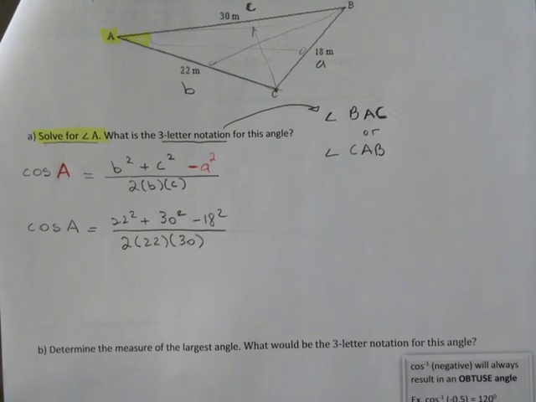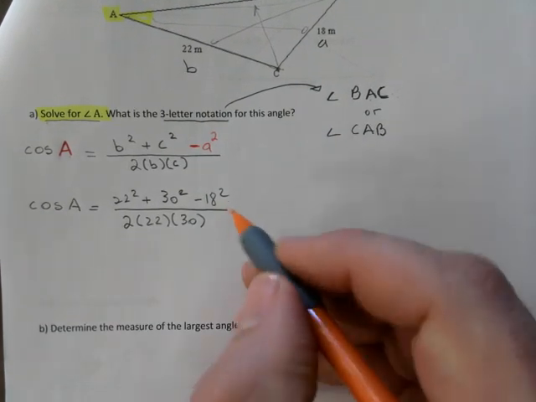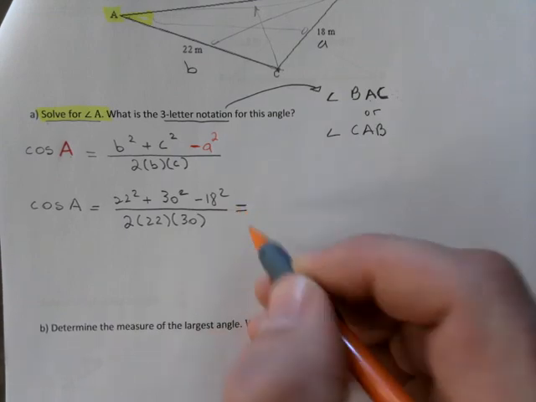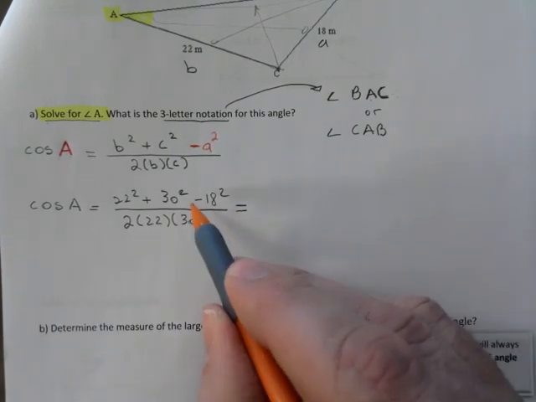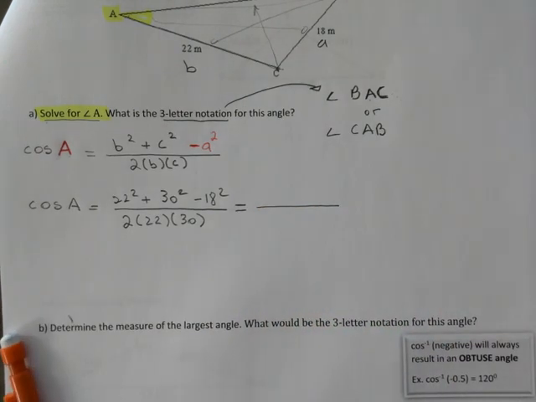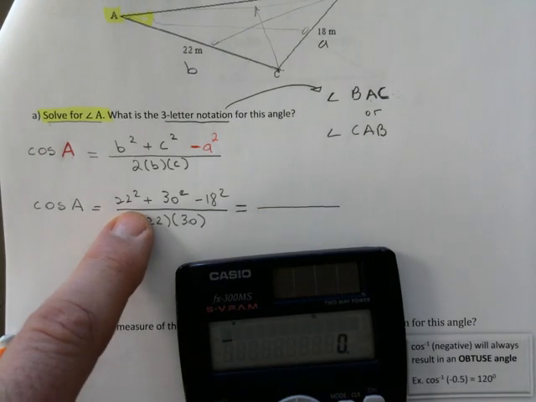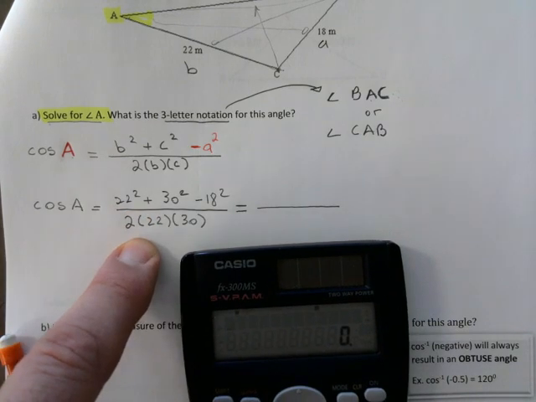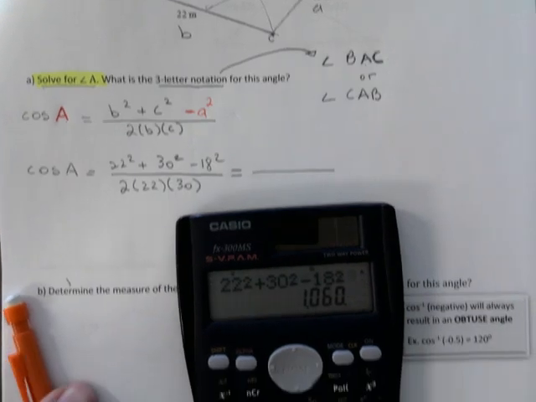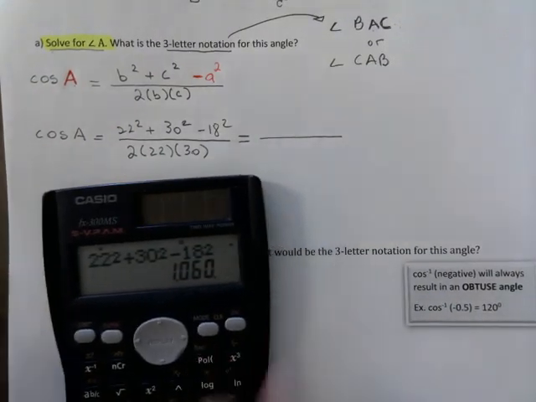Watch how this is a little different, guys. I usually don't like choo-choo trains, but this is okay with this one. You're going to calculate the numerator separately, and then the denominator separately. 22 squared plus 30 squared minus 18 squared gets you 1,060.